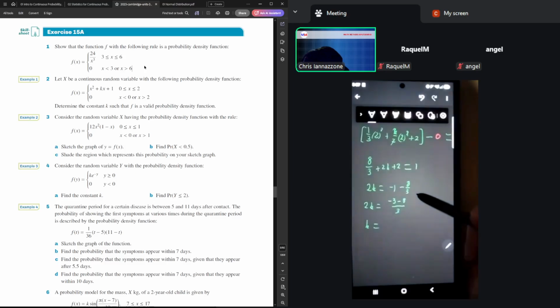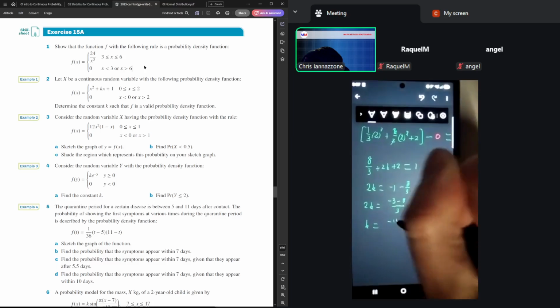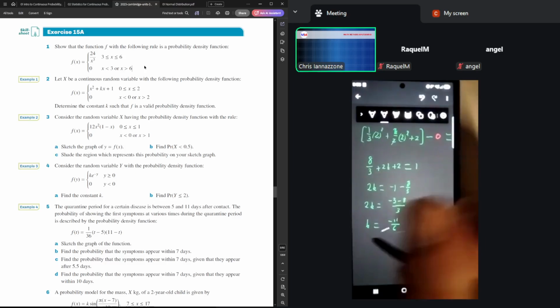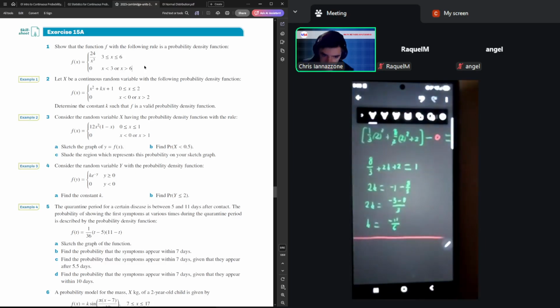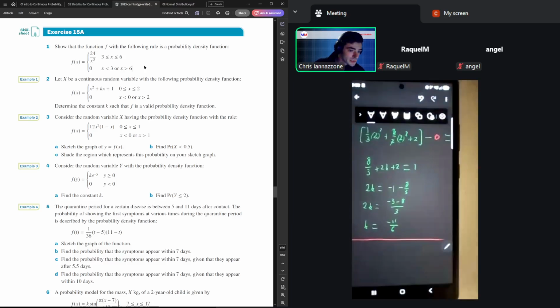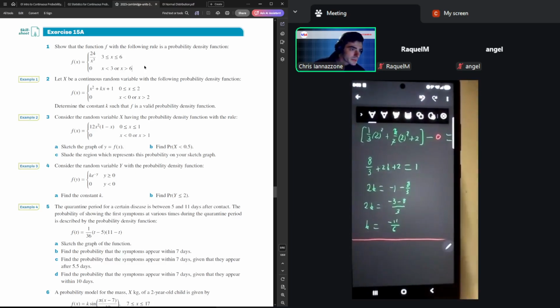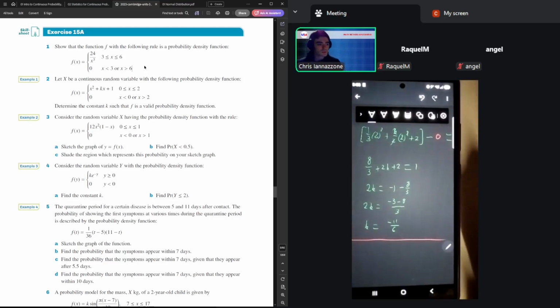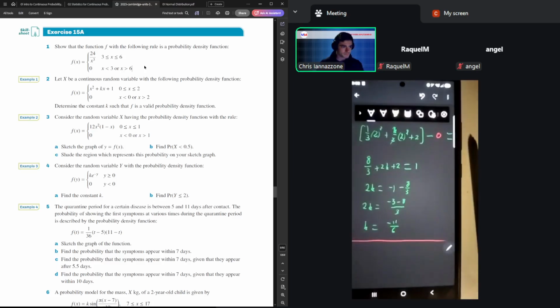K equals 8, 9, 10, 11, minus 11 on 6. So if we were to choose k equals minus 11 on 6, we would get a valid probability density function, because we have forced the area under the full curve to be equal to 1.